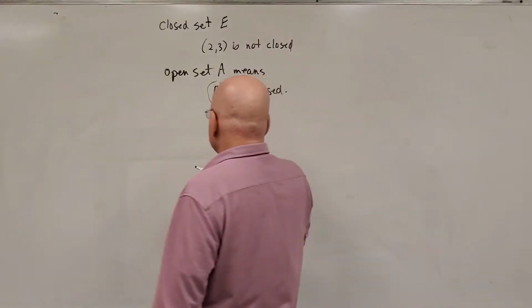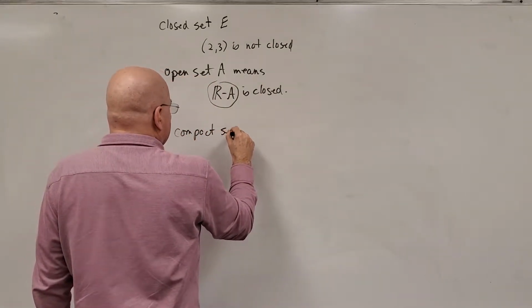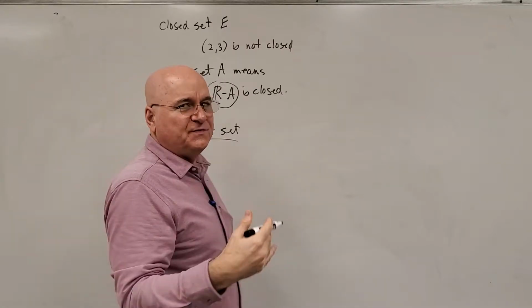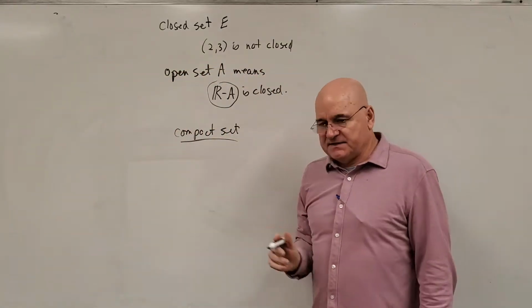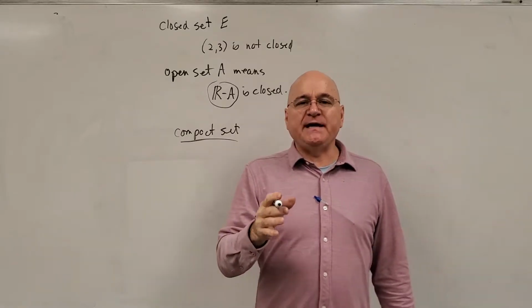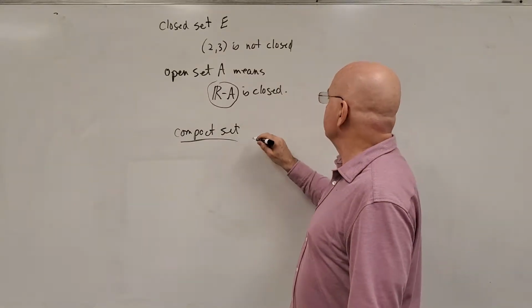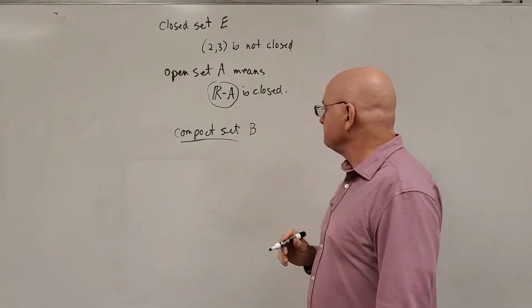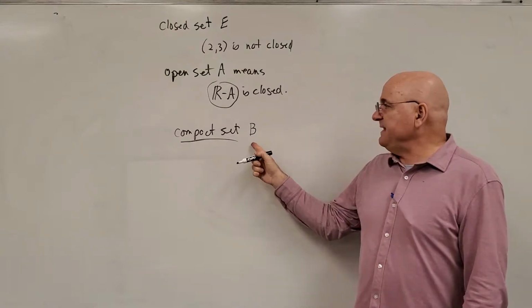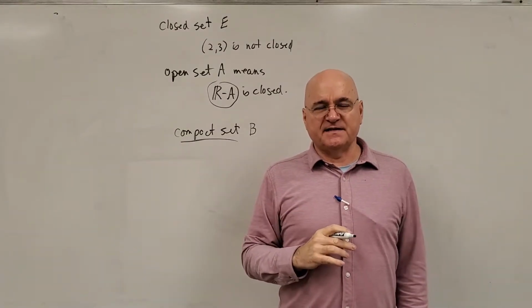And then we moved on to compact. That one had a whole different definition. A set B is compact if every open cover contains a finite subcover.